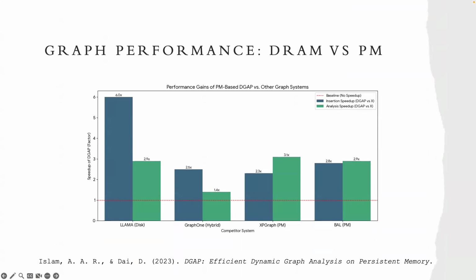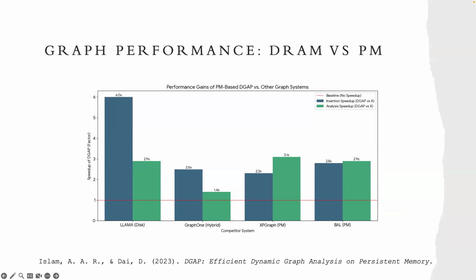Okay, so this performance is taken from the DGAP paper, and here we also show the performance of PM, where the baseline is DRAM. So we can see it's also as expected: various graph performance in various PM based frameworks can vary from 6 times to 1.4 times the performance of DRAM.